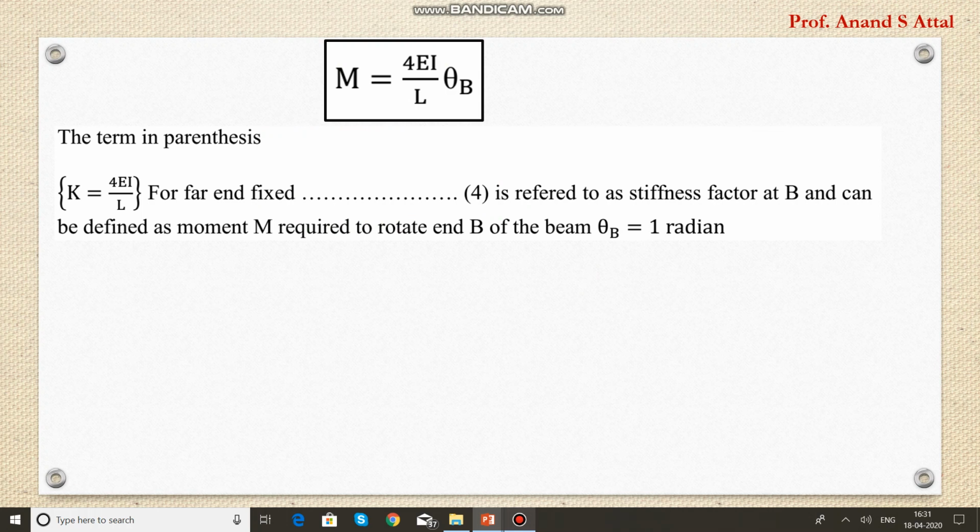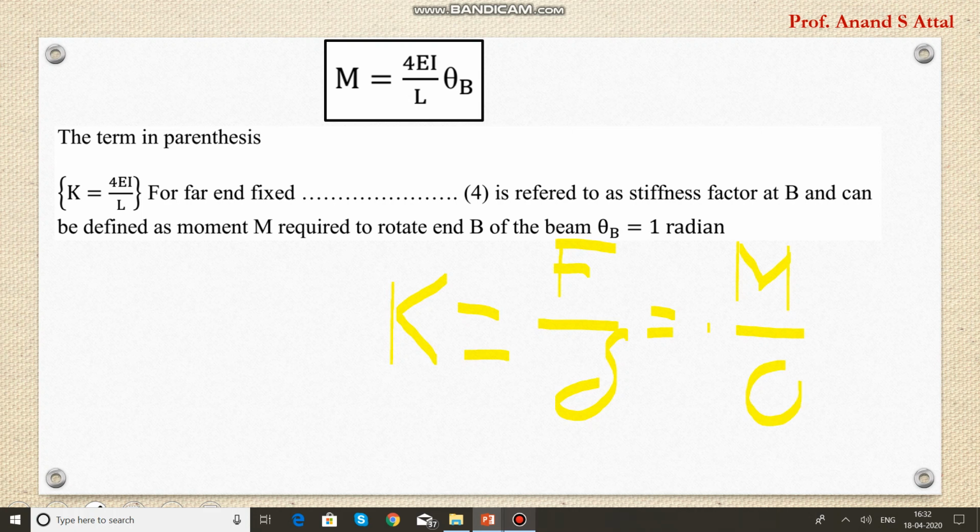The term in the parenthesis, k = 4EI/L for far end fixed, is referred to as the stiffness factor at B, and can be defined as the moment required to produce a unit rotation at B. As we know, k is nothing but F upon delta. Here F is M and delta is theta.